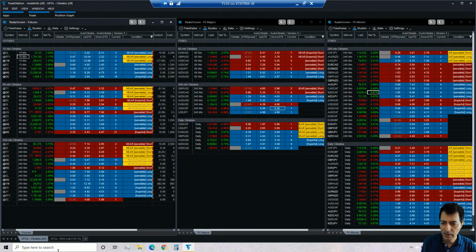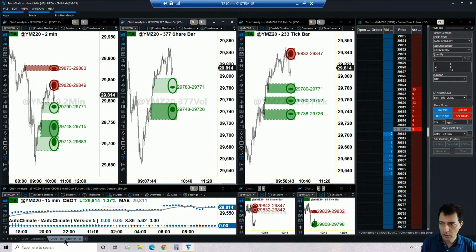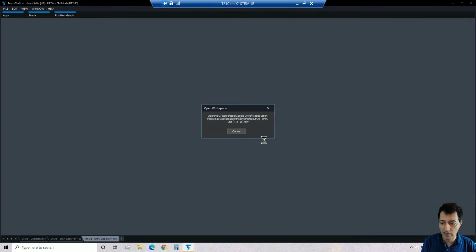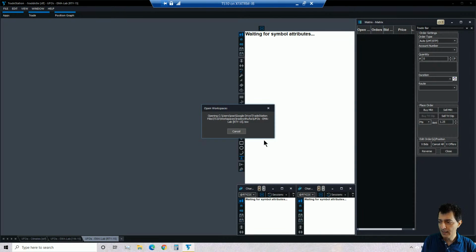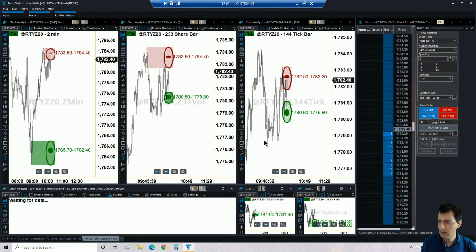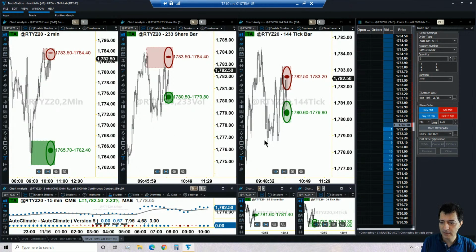Okay, so I'm just going to go ahead and load the Russell chart, which is likely going to look similar because it's also an equity index market. And as I load that chart, we'll see what the opportunity is, and maybe we take the trade on the Dow, maybe we trade on the Russell, maybe both, maybe none.